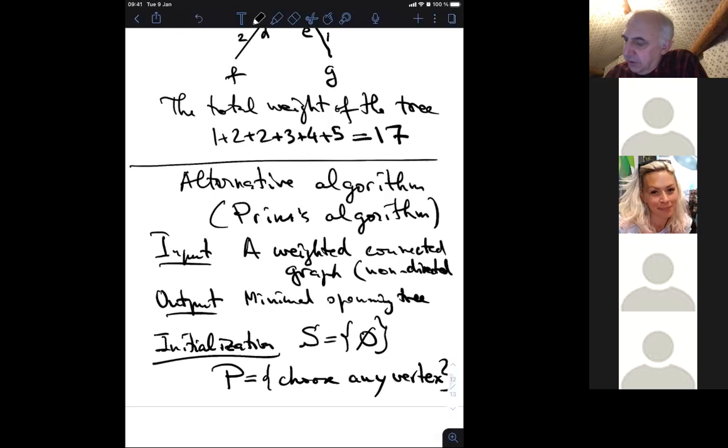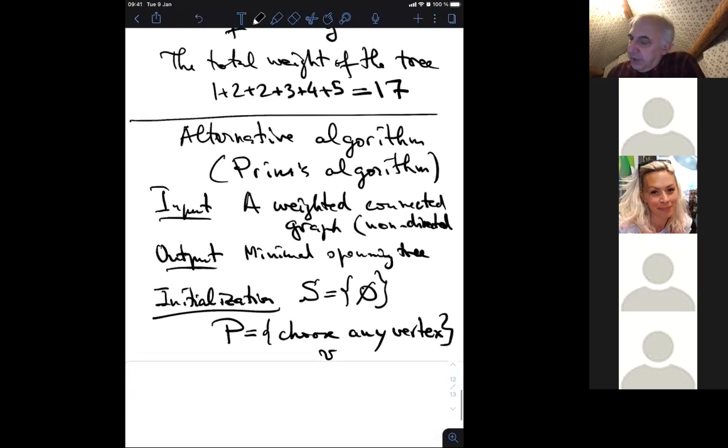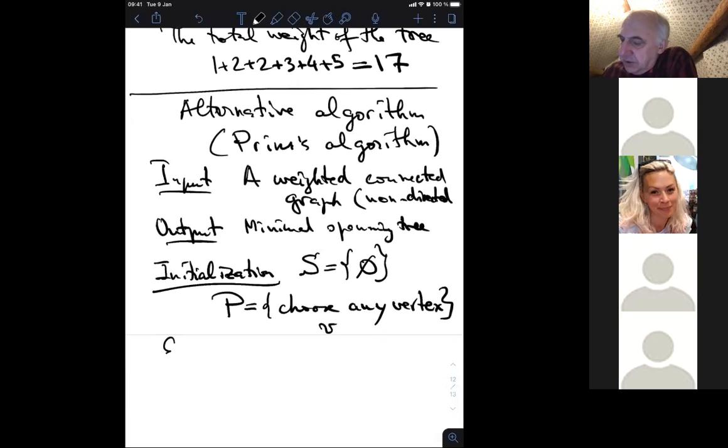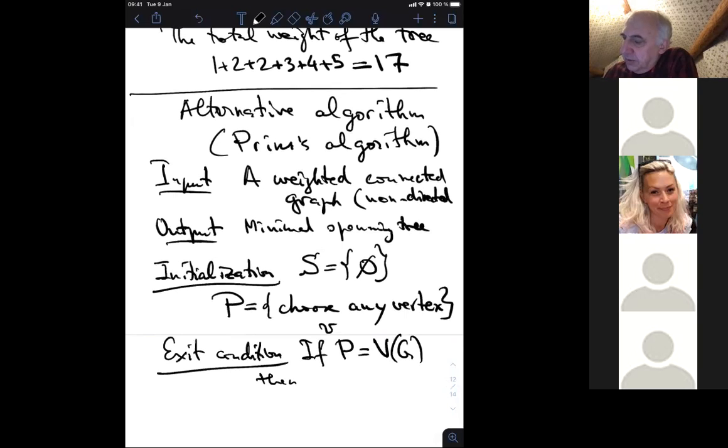I don't know, so V. So I'll start with the empty set of edges and any chosen vertex in V. And the exit condition is: if P contains all vertices of our graph, then terminate. Once we picked all vertices of the graph, then the algorithm is over.